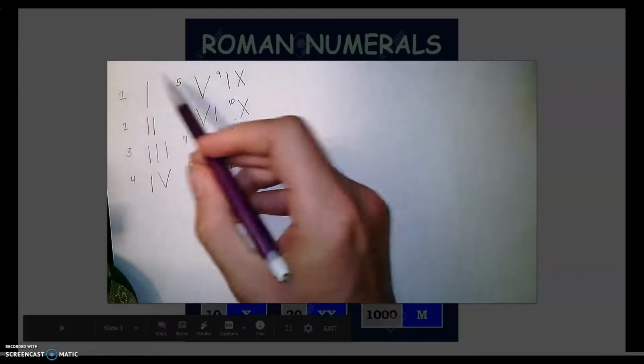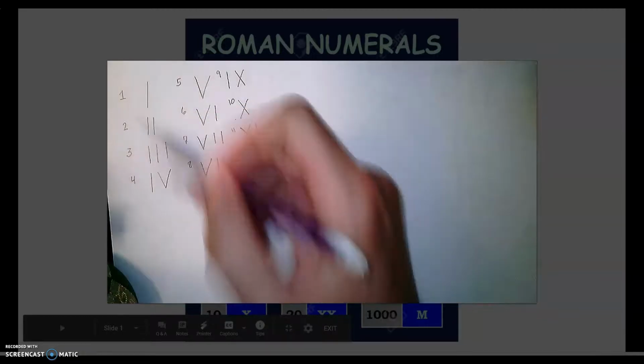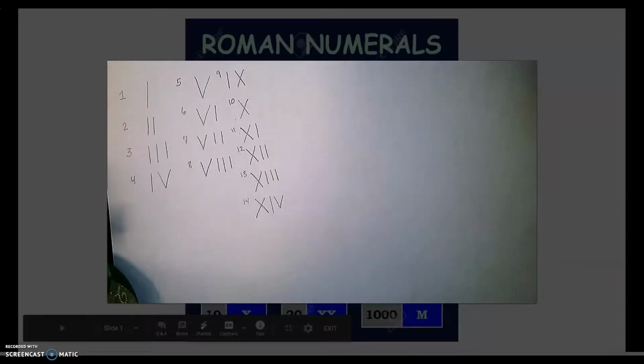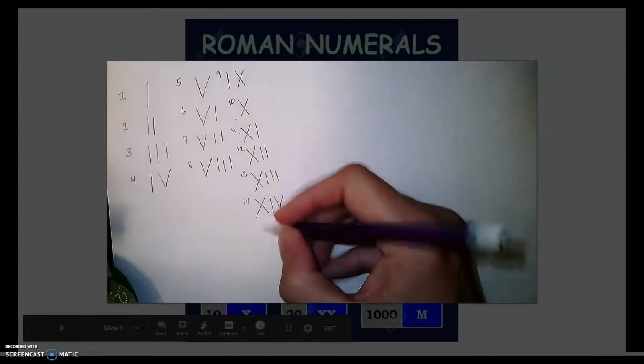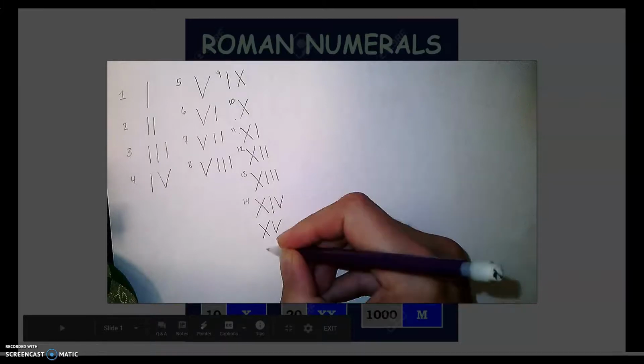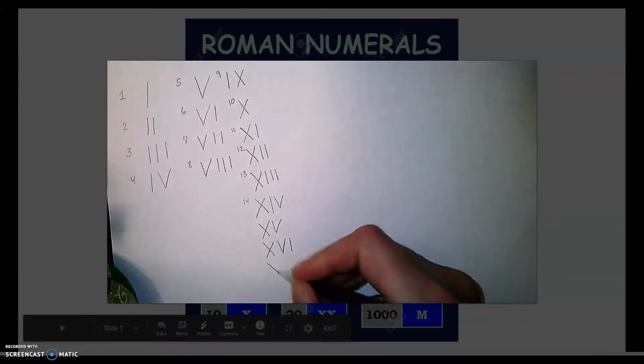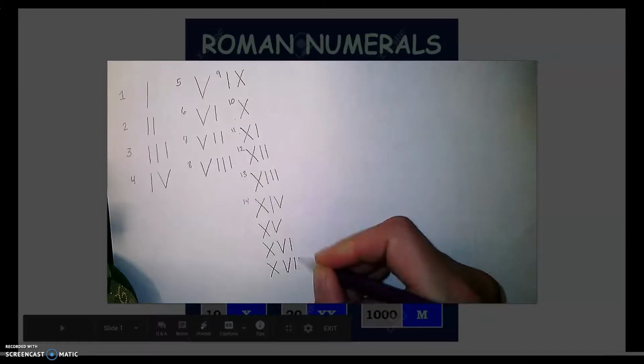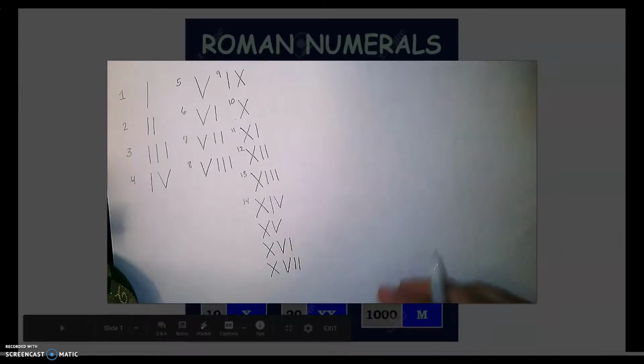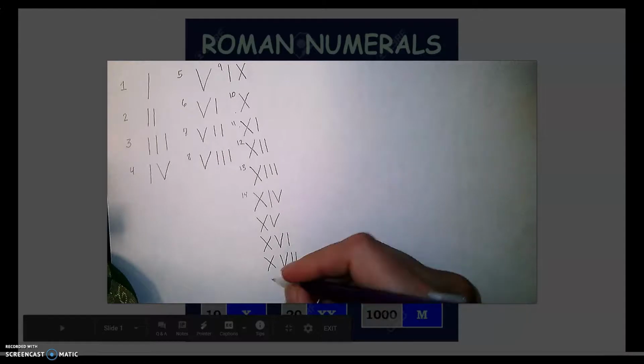And then we can follow the same pattern here to create any of our numbers 1 through 9. So XV, XVI. You're starting to get it now. XVII. It's exhausting.